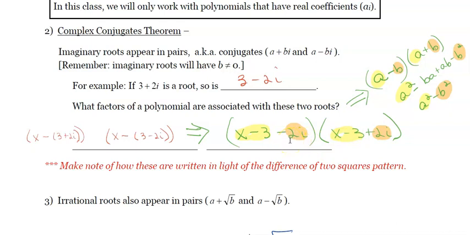But actually, it makes it better because now I can view this as the difference of two squares once I multiply them together. Look, this is your A, this is your B. This is your A, this is your B. So it's A minus B, A plus B, which are the factors we get before we do the FOIL and get the difference of two squares.